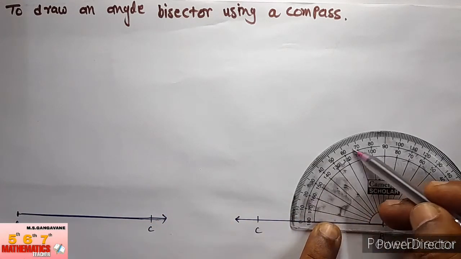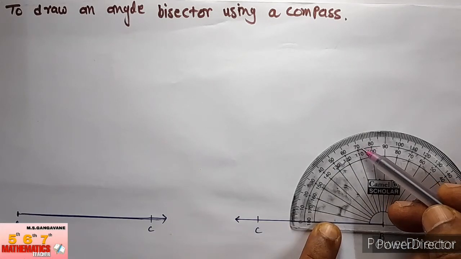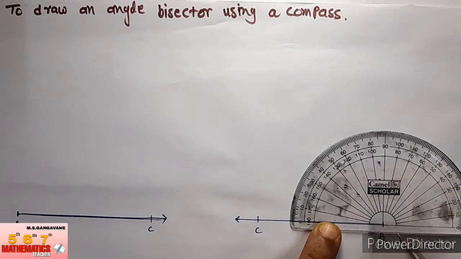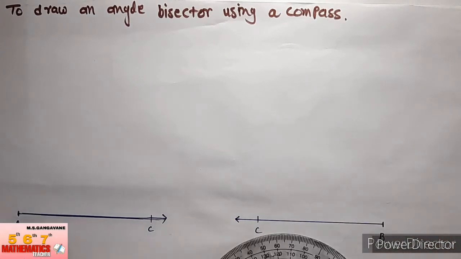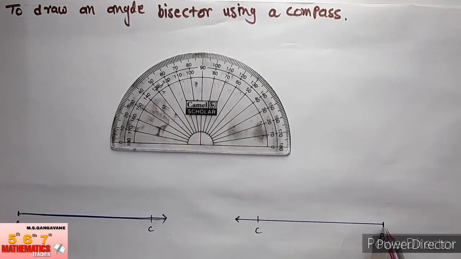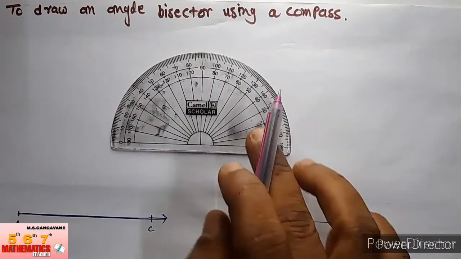This outside number is used to count the measure, to draw the angle. Okay. Listen again. If the vertex point is to your left hand, use the inside number. If the vertex point is to your right hand, use the outside number.